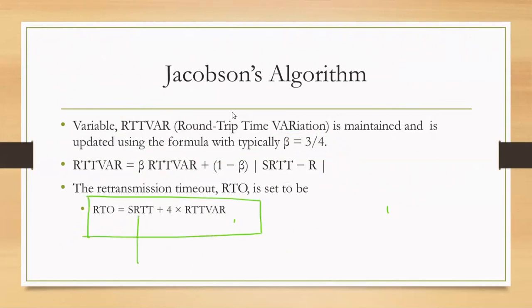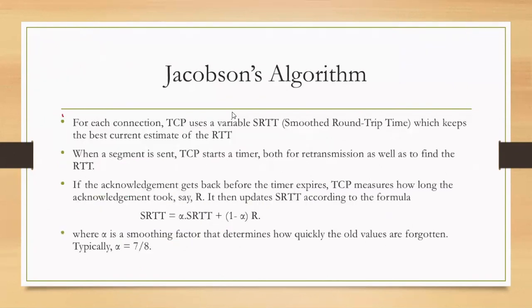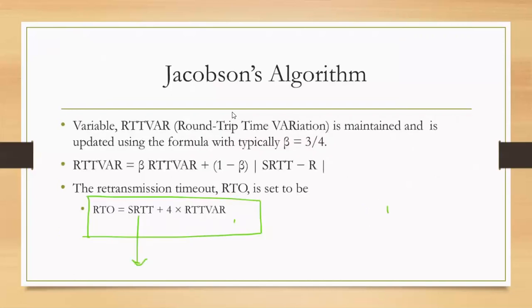SRTT is given by this formula, and RTTVAR is given by this particular formula. I hope you have understood this section. Using Jacobson's algorithm, now you can compute what could be an ideal time for the retransmission timer.